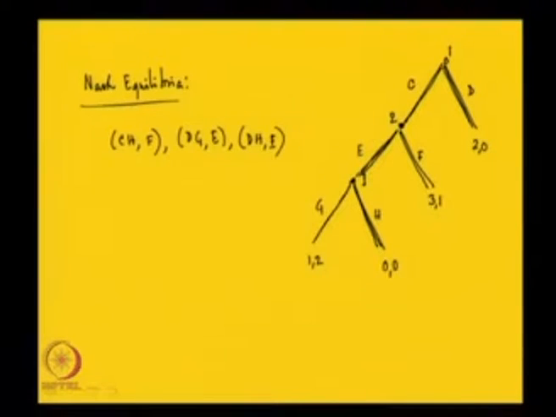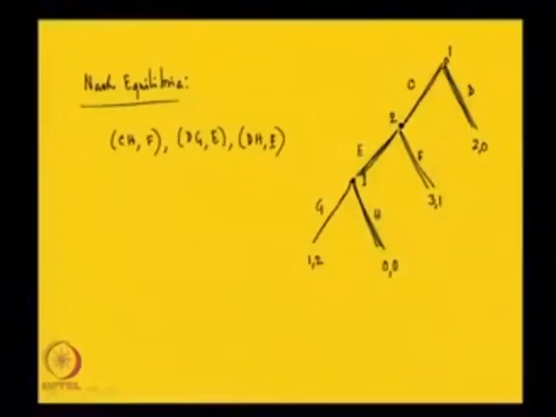Now, if I have to use the method of backward induction, what do I do? I start with subgames of length 1. So, this is a subgame of length 1. In fact, this is the only subgame of length 1.